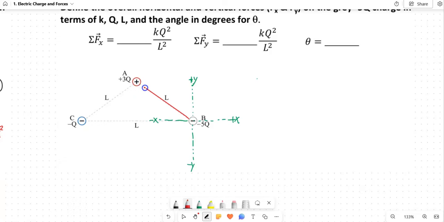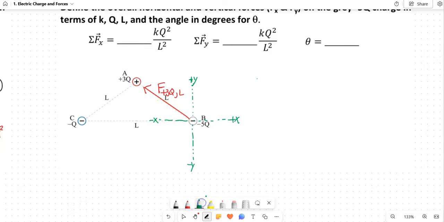Okay. Now, this red positive 3q charge is going to be pulling our negative 5q charge up towards it. And it's a distance L away. So this is going to be the force. It's not plus or minus. This is a hypotenuse. So it's positive 3q, and it's a distance L away, right there.